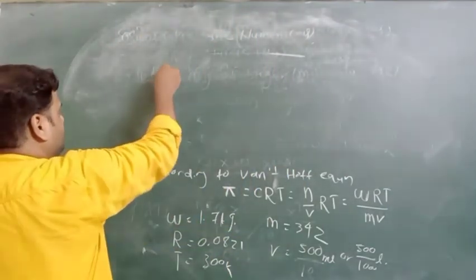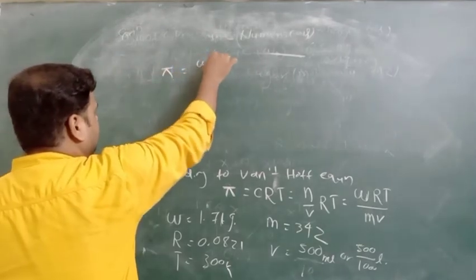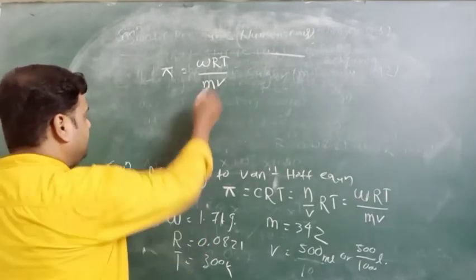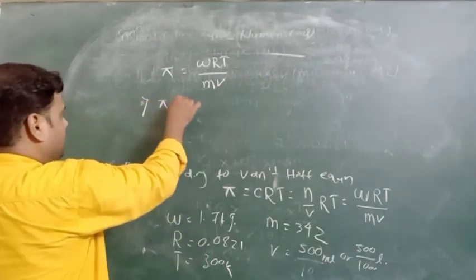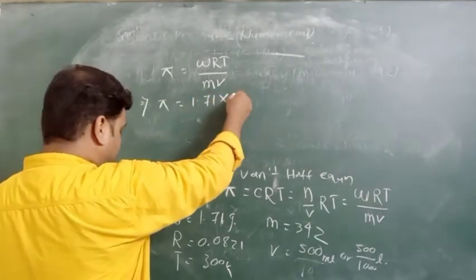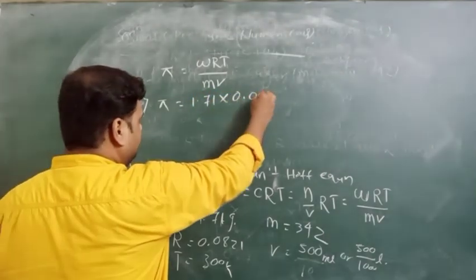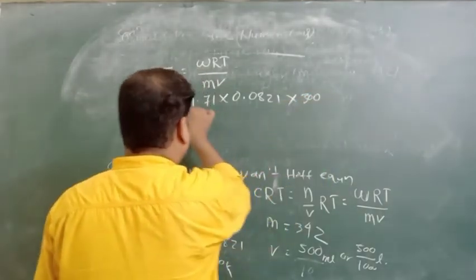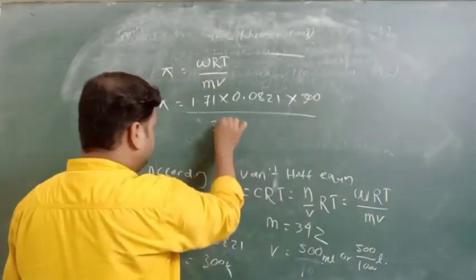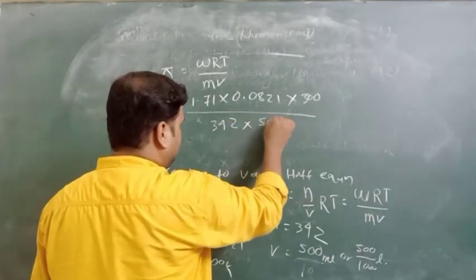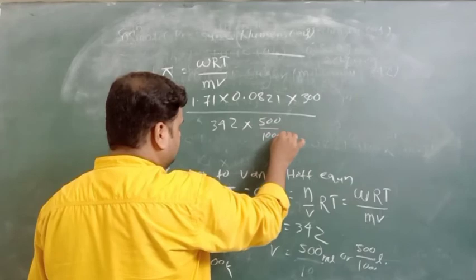So we know that pi equal to WRT by MV. That implies pi equal to W, that is 1.71, into R equal to 0.0821, the temperature equal to 300 Kelvin, whole divided by 342, the value of M, and V equal to 500 by 1000.